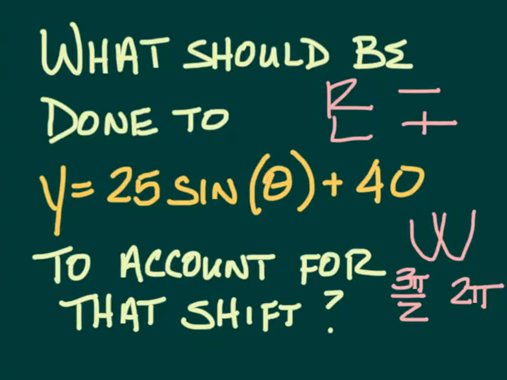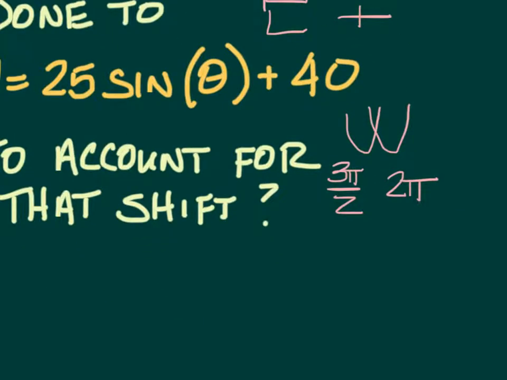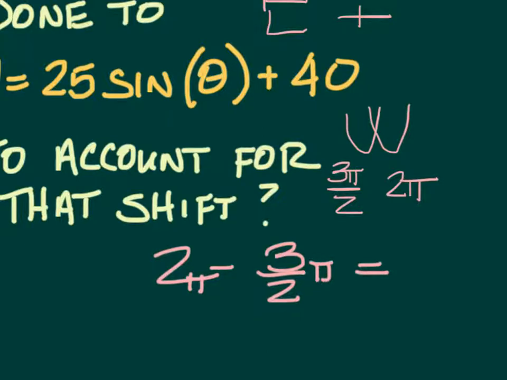We have to put pi in there. So what does it turn out to be? Two pi minus 3 pi over 2 is? Half pi, which you could write like this, but how do we normally write it? Pi over 2, that is right.